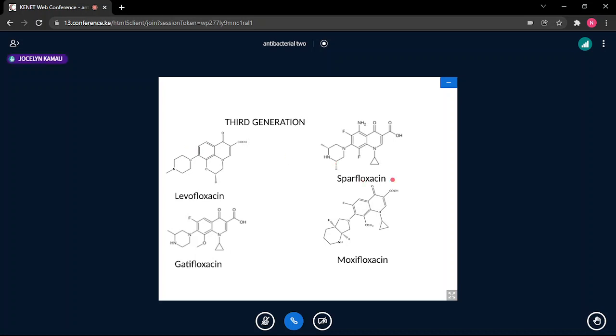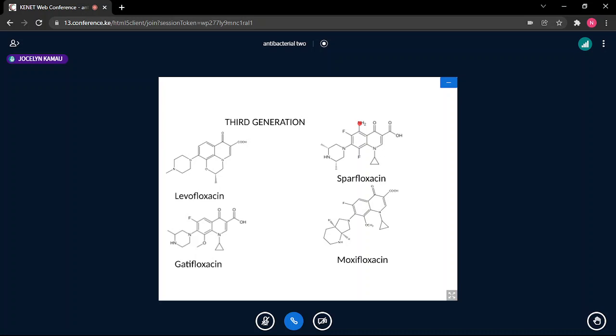Then we look at another drug, sparfloxacin. Again, here, we have a cyclopropyl group introduced at position number 1. The same group is retained there. Now of interest, we have an amino group at position number 5, and we will see that it has some effect on photosensitivity.